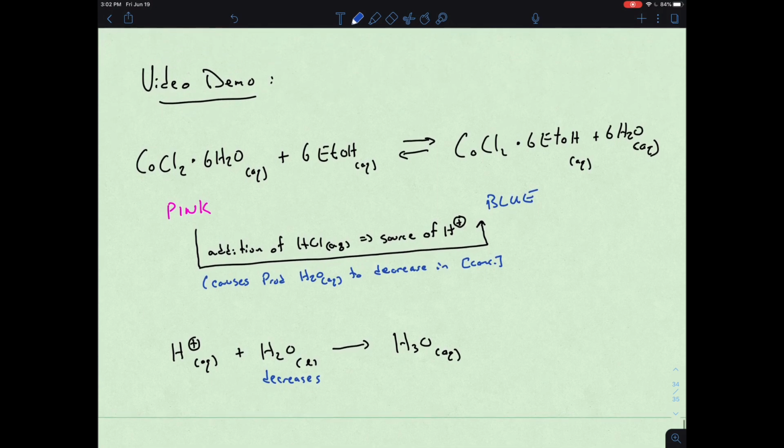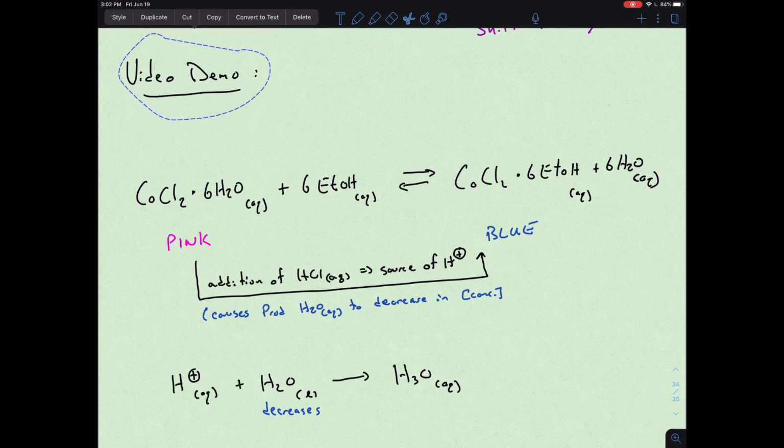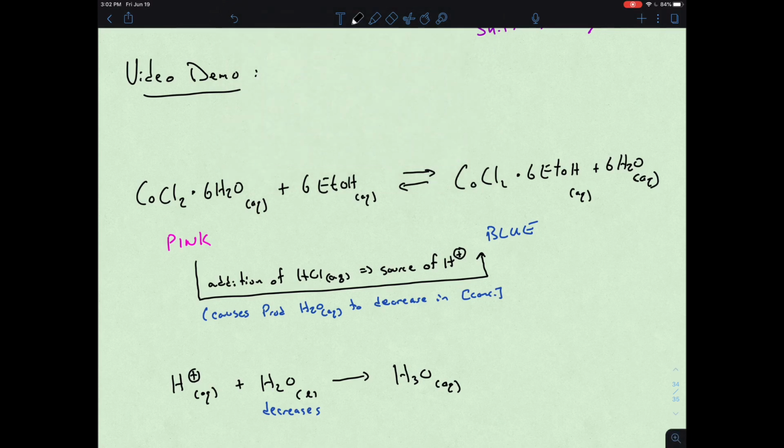We could also add water to this process, and I know this is kind of a hard one for us to understand because we've been told that H2O is a pure liquid and it's not part of our equilibrium expression, and that's true for almost every single one except for like this particular reaction.